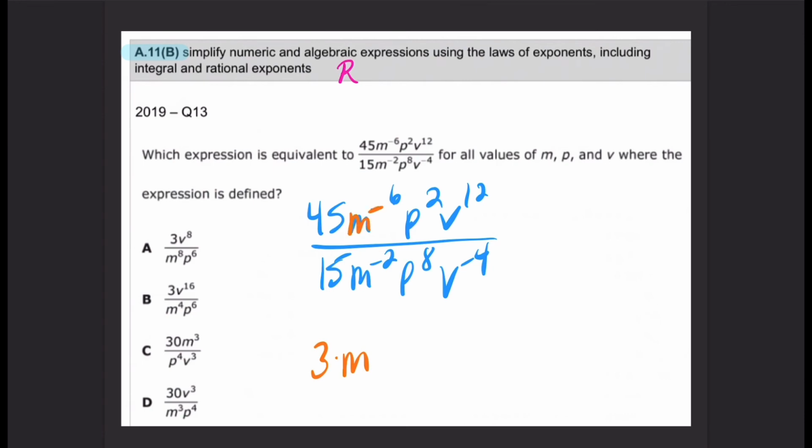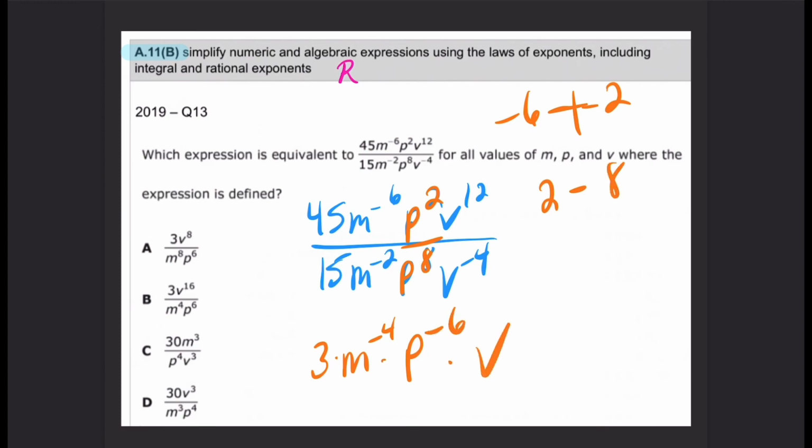When you do m to the negative 6 power divided by m to the negative 2 power, you subtract those exponents. So negative 6 minus negative 2 gives us negative 4. Now the p's. When you divide p squared by p to the 8th, you again apply the quotient rule, and 2 minus 8 is negative 6.